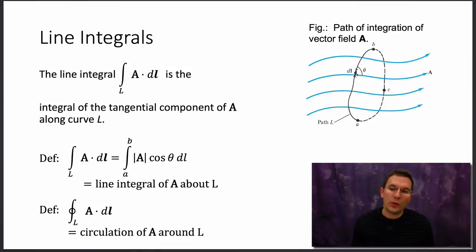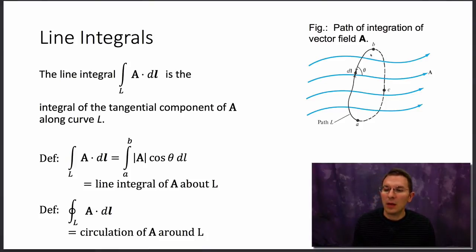And all you're doing when you take an integral is you add up all of the components that lie tangential to this path all the way around the path. So if you think of A as a field of force, then the line integral of A dot dl will show you how much force a particle confined to that path will feel, essentially.